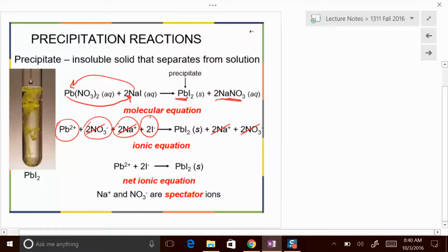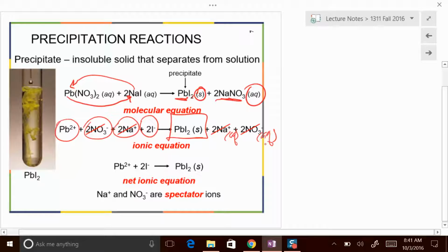Then I have to figure out whether these actually form a product or not. Did lead iodide actually form a product? Yes. It became a solid product. Did sodium nitrate actually form a product? No. It remained aqueous. So now when I write the molecular equation, I can write lead iodide as a solid. This is my product. And sodium and nitrate remain dissolved. They are still aqueous, as ions.